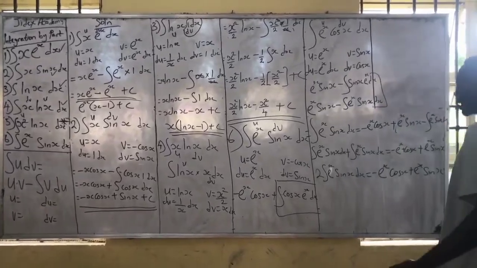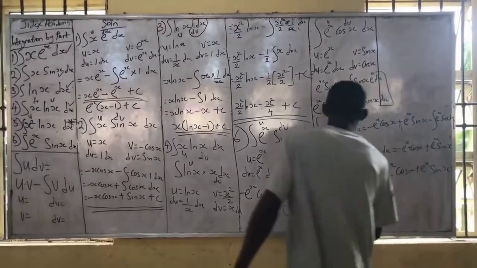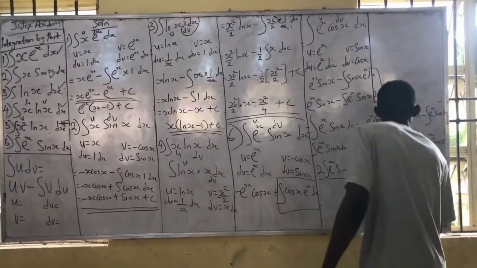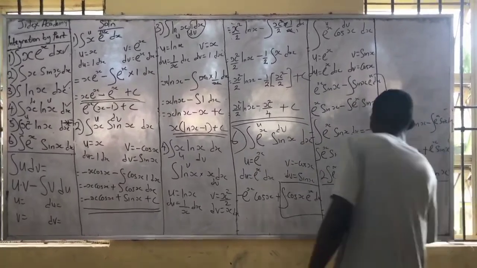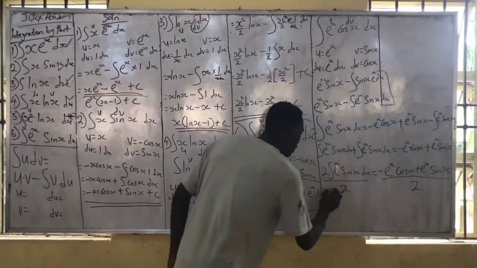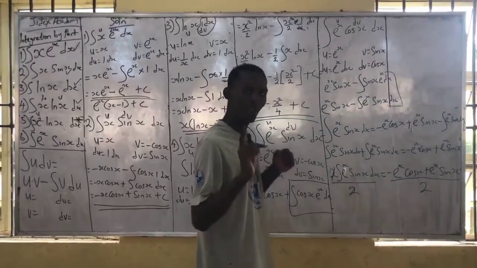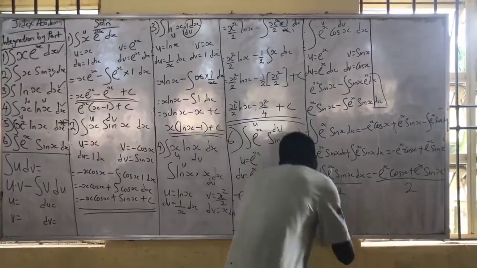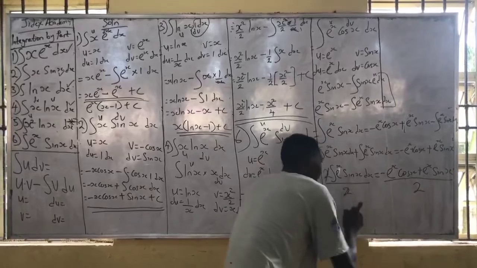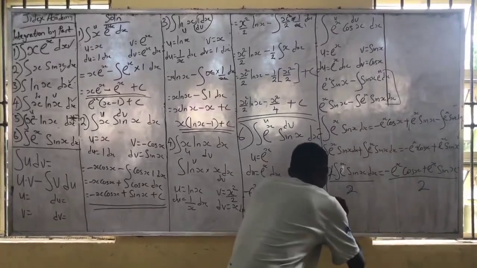Now what do we do to get our final answer? You divide everything by 2. So these two will cancel these two. Then our final answer is this over 2. But let me write it.